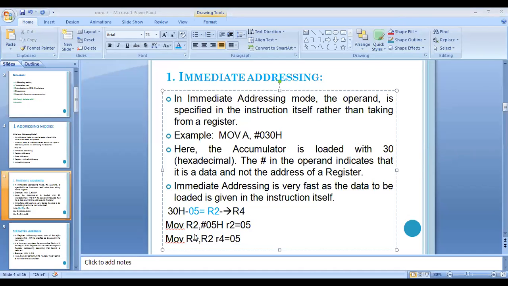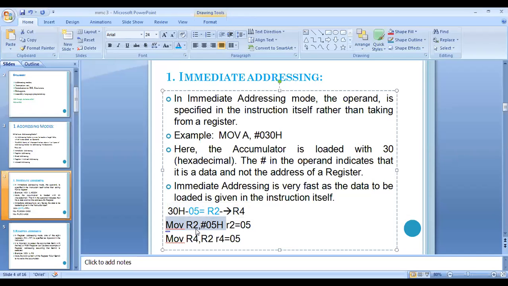Now see here. In the register addressing mode, what do I have to mention? In the register addressing mode, you have to mention the name of the register where your data is stored. For example, I want to assign value 05 to R4 register. If it is immediate, I directly mention the same value in the instruction.